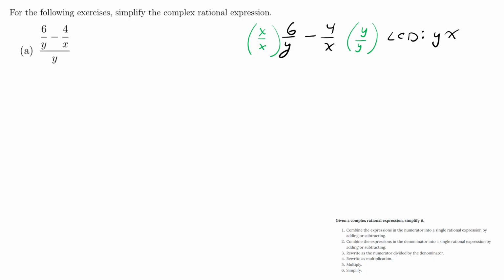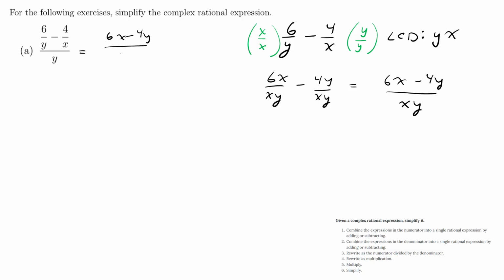So this is going to become 6x over xy minus 4y over xy. Now that we have a common denominator, we can simplify to 6x minus 4y, all divided by xy. So that new numerator is 6x minus 4y divided by xy, all divided by y.